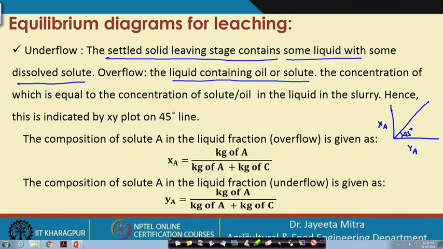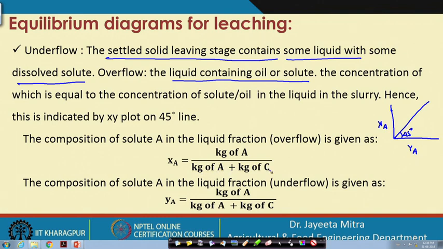So, what it says is that the composition of solute A in the liquid fraction, that is the overflow, is given as x A equal to kg of A, that is the solute, divided by kg of A plus kg of C, because the stream that is going in the overflow will have the solvent as well as the solute.